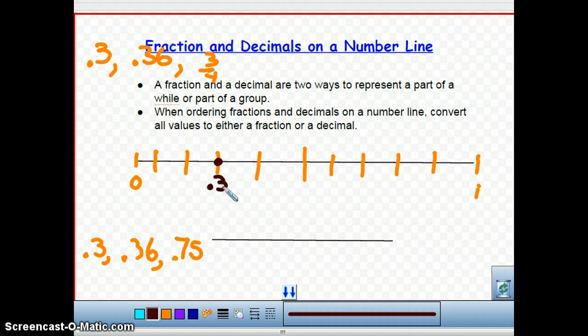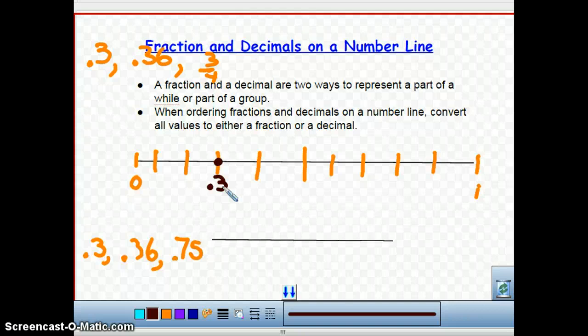Now I have 36 hundredths. How do we mark 36 hundredths when I have this number line that's divided into tenths? Chloe? I think you go to the third space and then you make little marks in between. How many little marks would we make in between?